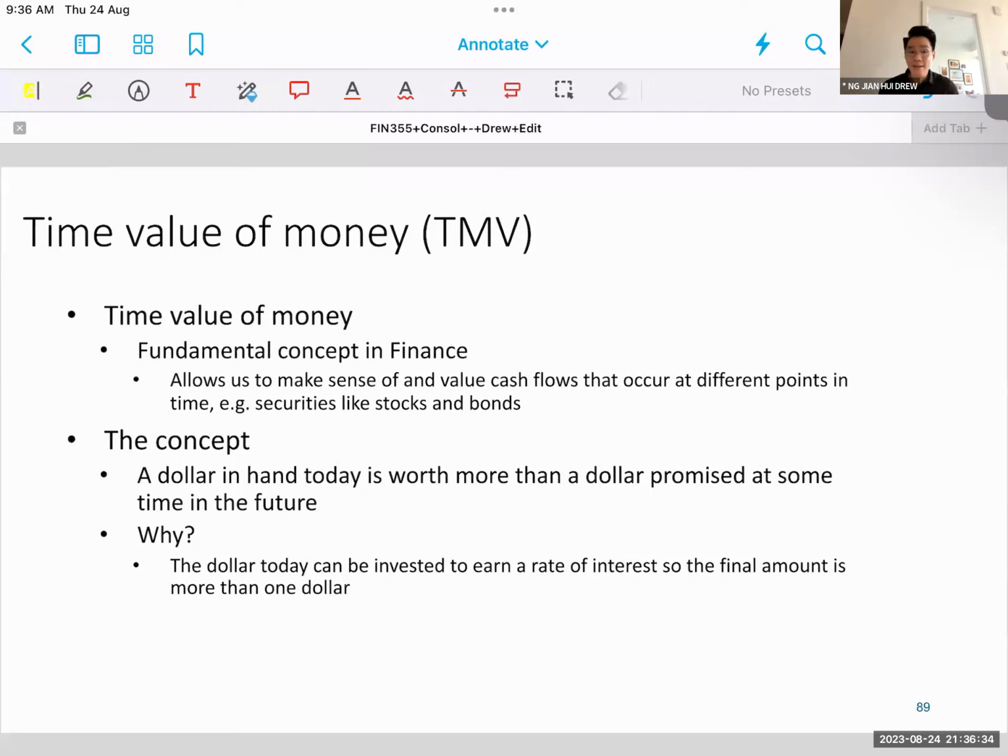So whenever you are shifting money from different points in time, this is quite theoretical in the sense that obviously in real life you cannot shift money. But from a theoretical perspective, you are shifting money from year 2 to year 1. Whenever you want to shift the money, you have to calculate present value.